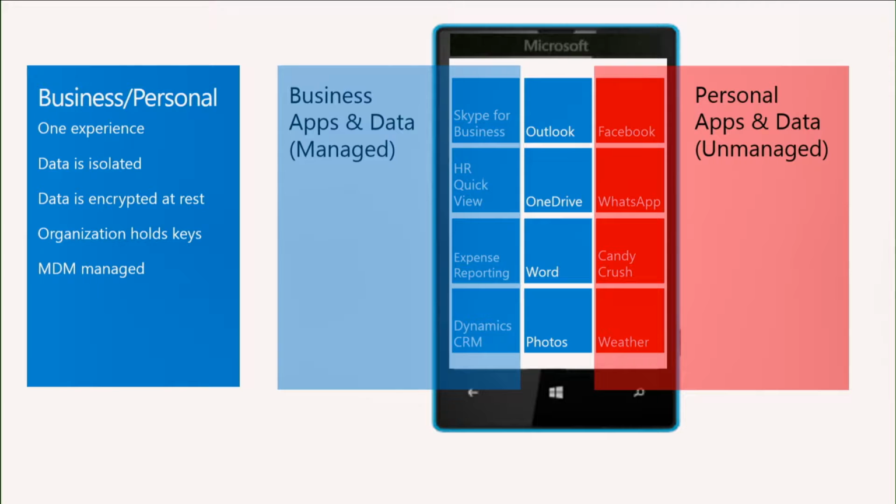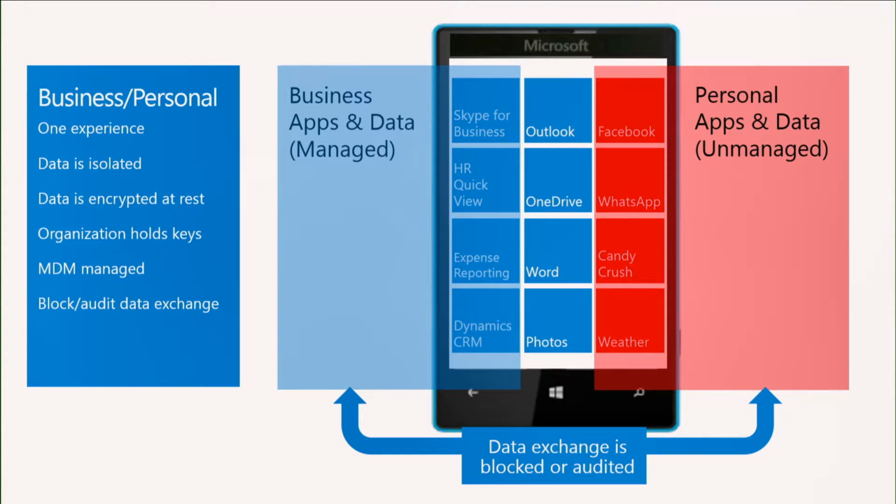So when you unenroll the device, that's how you get selective wipe. And we can block or audit, depending on what policy is selected by IT, the data transfer between these apps. So you can say, I don't want to let applications with enterprise data paste things into personal applications. Or you might set your policy to say, it's OK, but I want to audit that action, and I want the user to acknowledge what they're doing.